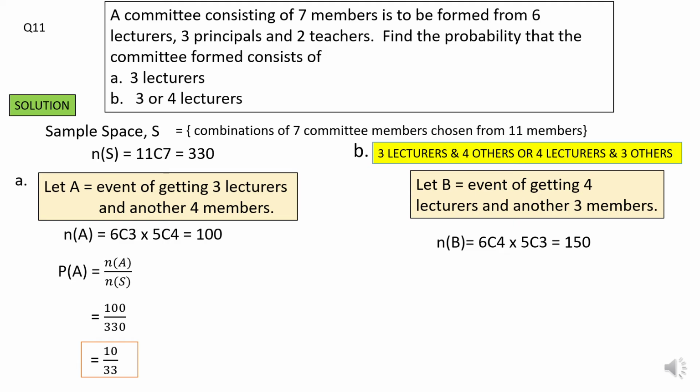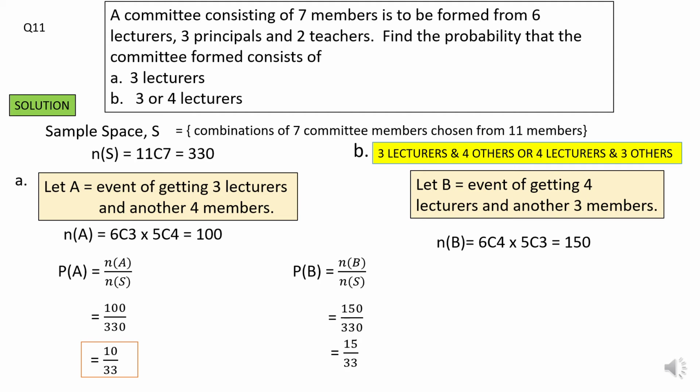Okay, so calculate this, you'll get the total as 150. So you can calculate the probability of event B now. Okay, you'll get the answer as 15/33.